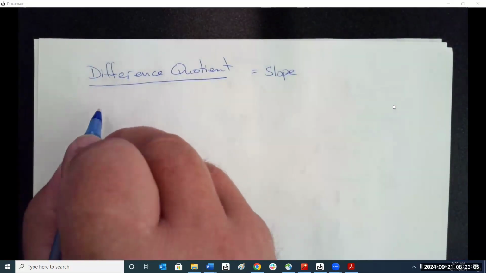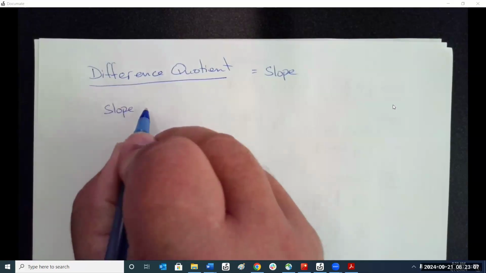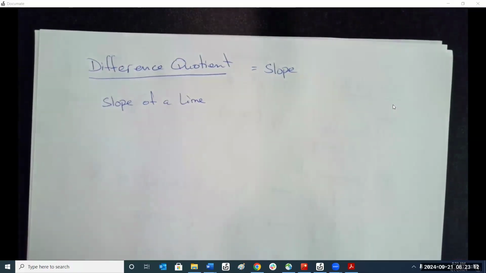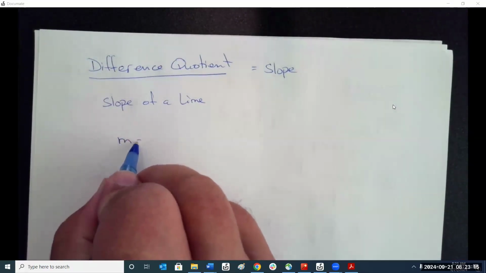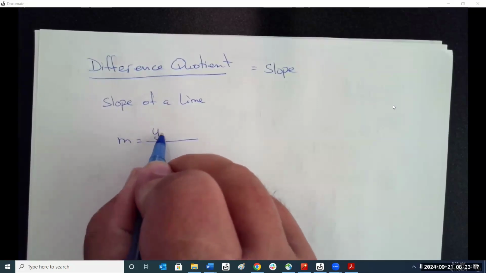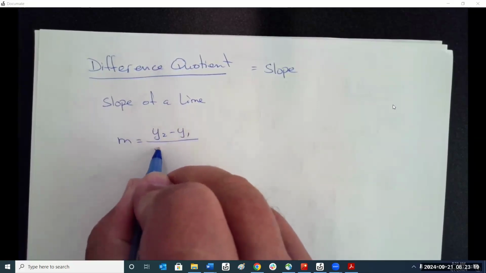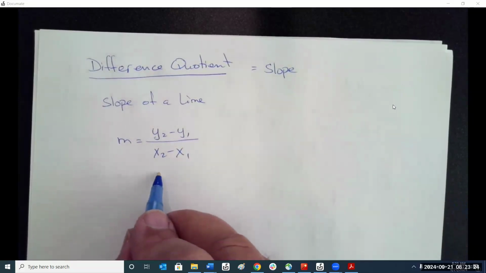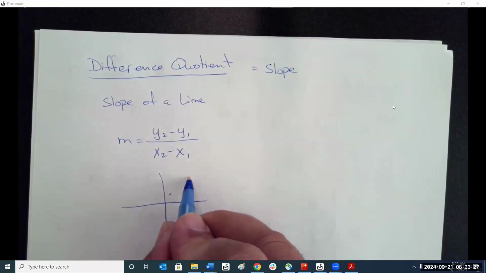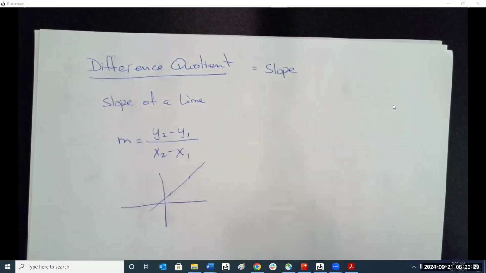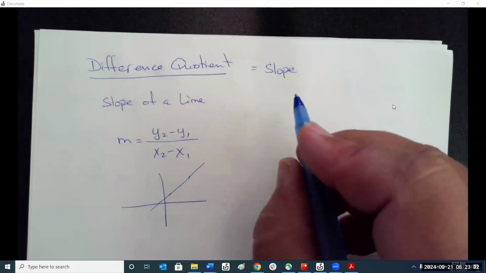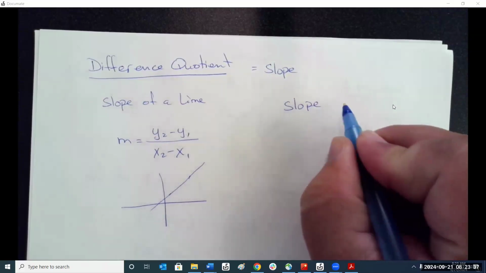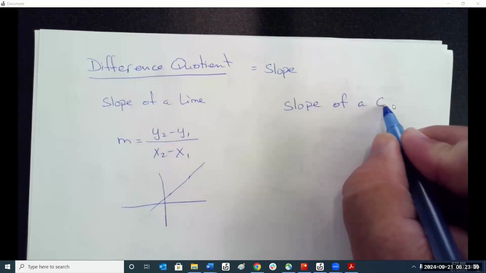When we first started talking about slope, it was y2 minus y1 over x2 minus x1. That worked great if we had 2 dots and we connect them, straight line. But this doesn't work to find the slope of a curve.